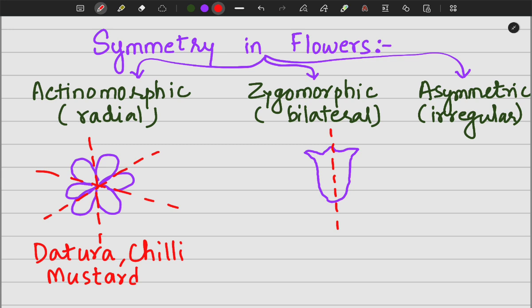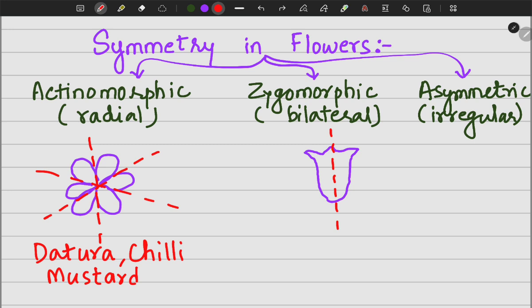If we try to cut it from the other center horizontally, then we can see that the two parts will not be equal, they will be unequal, right? They would not be similar or mirror images of each other. So the flower can only be cut through one vertical plane passing through the center. Only through the one plane it can be cut into two equal halves. Such flowers are called zygomorphic flowers, and the symmetry is called bilateral symmetry.